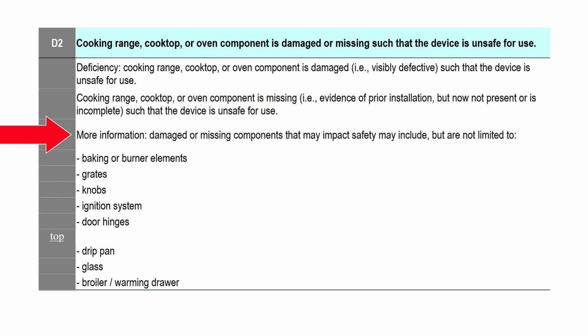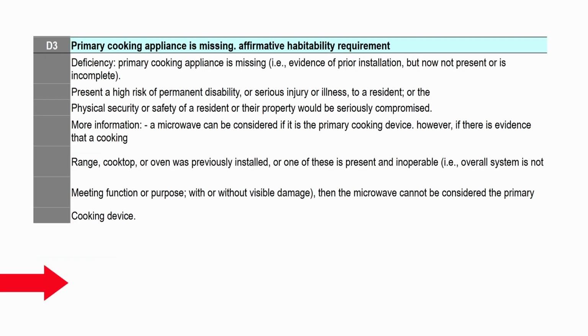For more information, damaged or missing components that may impact safety may include, but are not limited to, baking or burner elements, grates, knobs, ignition system, door hinges, drip pan, glass, broiler/warming drawer.